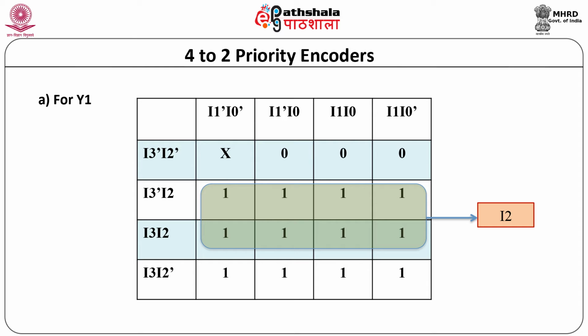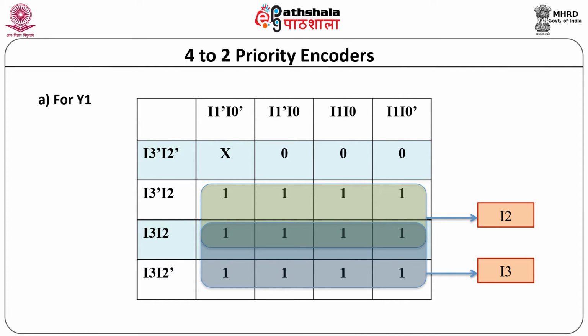From visual inspection of the K-map, it is possible to eliminate 3 variables and the output will provide only I2. From visual inspection of the K-map, it is possible to form another octet. This octet provides only I3 and eliminates 3 variables. It is possible to have 2 octets. From these octets, we can eliminate 3 variables each. The remaining unchanged variables are written in the simplest form, that is Y1 is equal to I3 or I2.